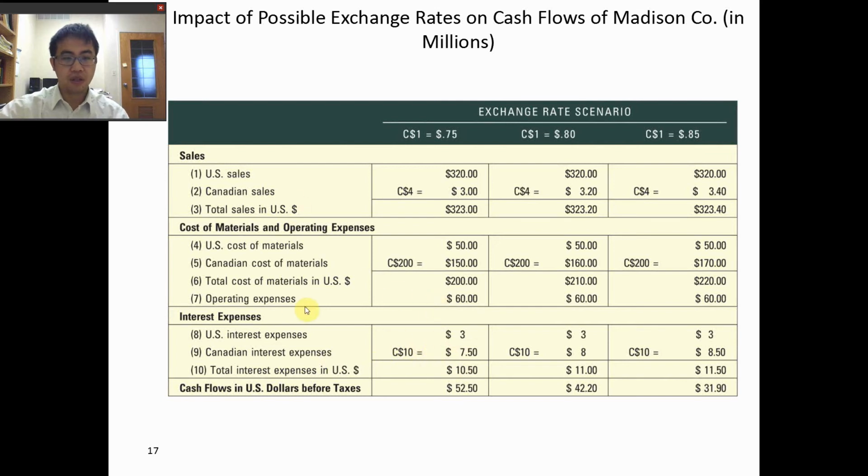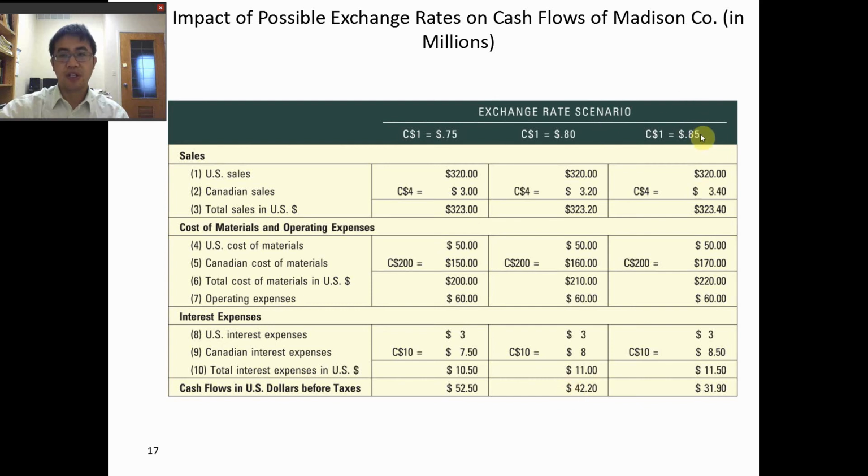for total sales, the total operating expenses, and total interest expenses, and then you use the total sales minus total operating expenses minus total interest expenses to get the total cash flow in dollar terms, and that combines both American business and Canadian business. You're gonna do the same thing for a different exchange rate of Canadian dollar, and here Canadian dollar is $0.80 per Canadian dollar, and you have a different cash flow in US dollar.